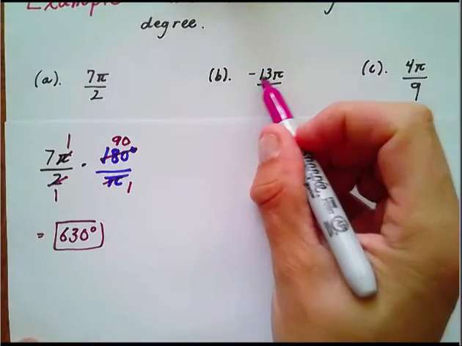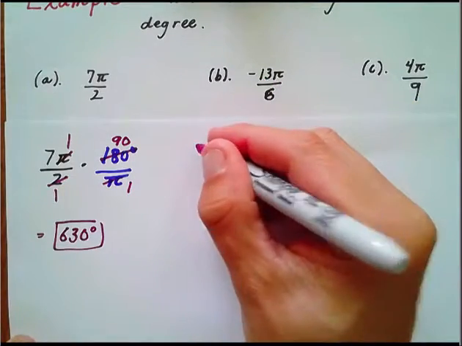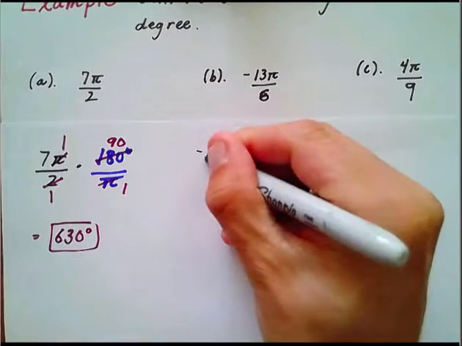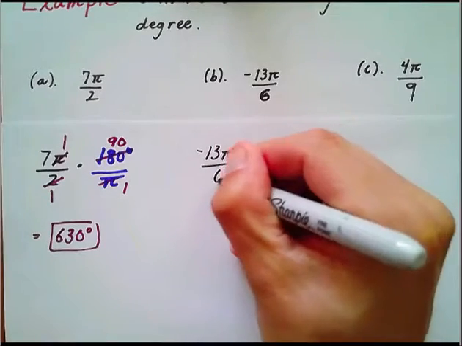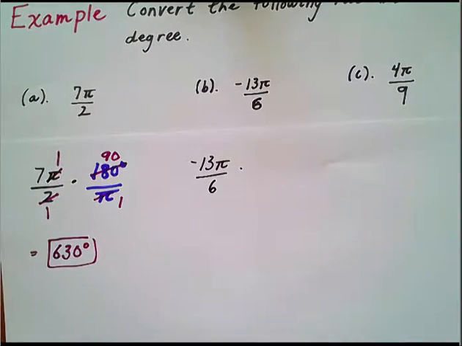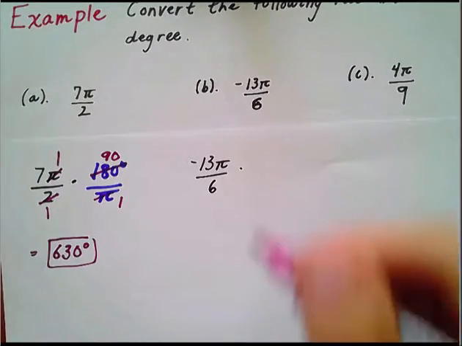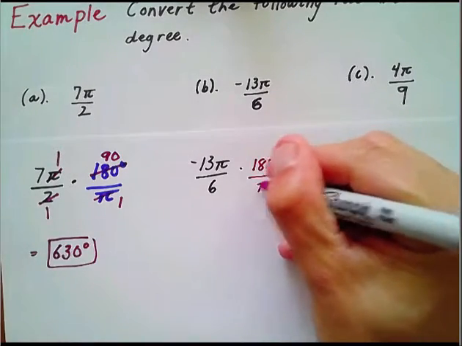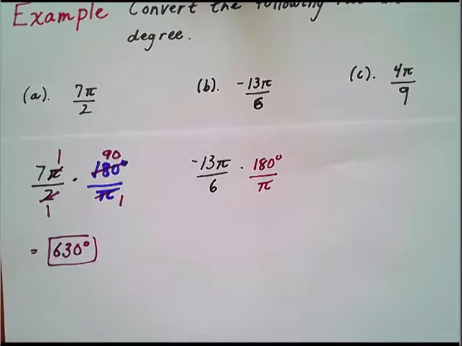Second example, negative 13 pi over 6. So we're going to have negative 13 pi over 6 times 180 degrees over pi, because I want degrees, so degrees is in the numerator.